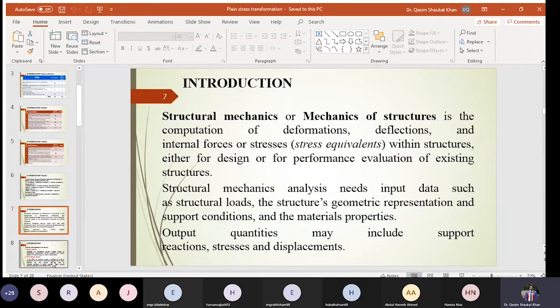Stress is force per unit area, so that's why they are saying internal forces. So structure mechanics is the computation of deformations, deflections, internal forces, stresses within the structures, either for the design or for the performance evaluation of the existing structures.